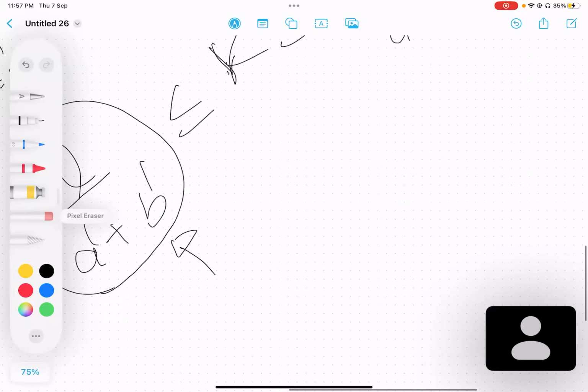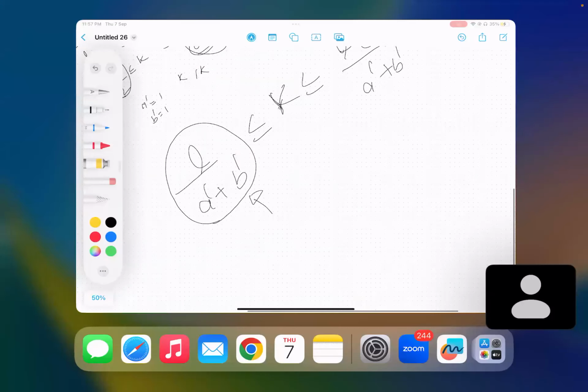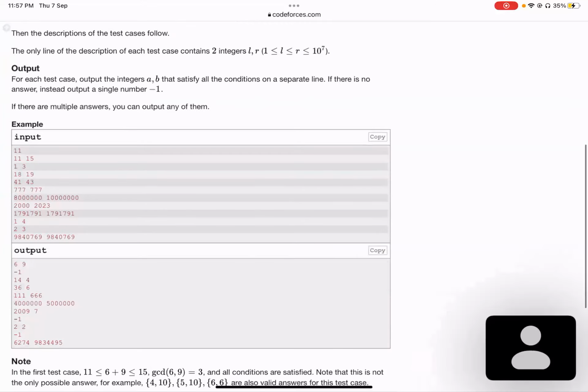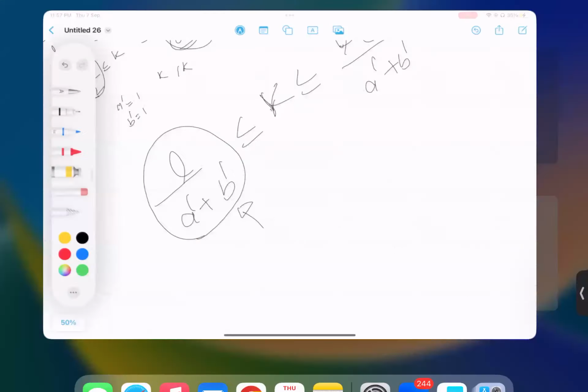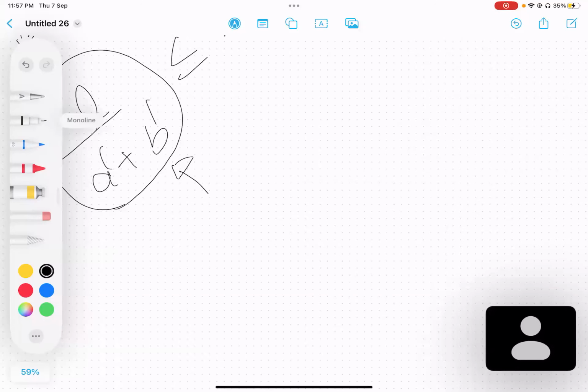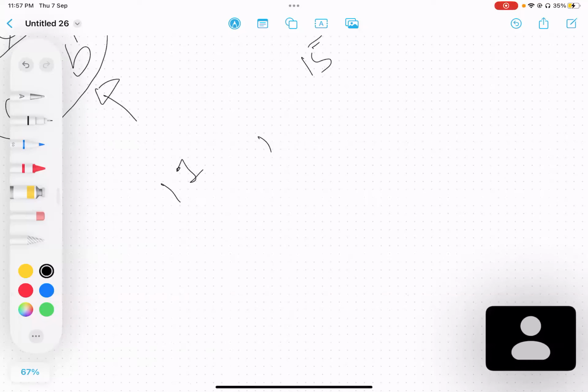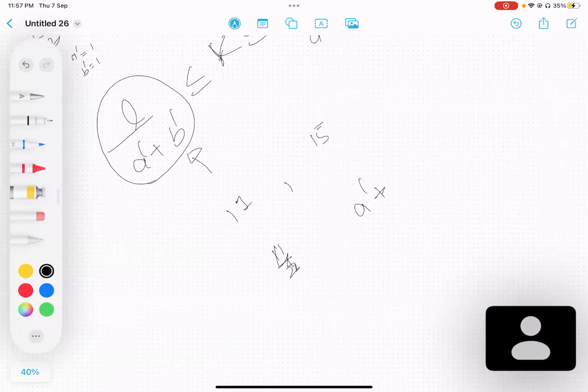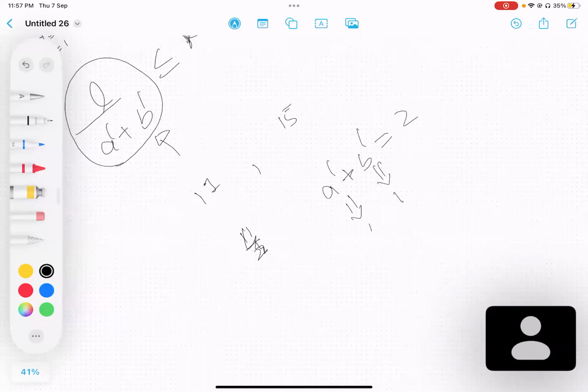Let's say we have 11 and 15, and that will be clearer. The minimum possible value of a dash plus b dash is equal to 2, if you take this as 1 and this as 1.